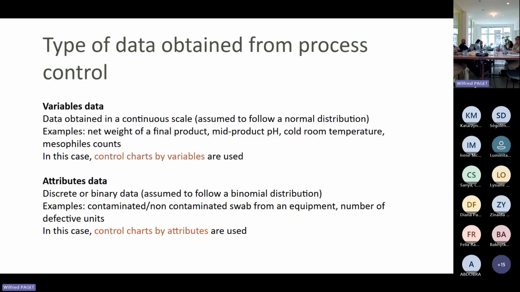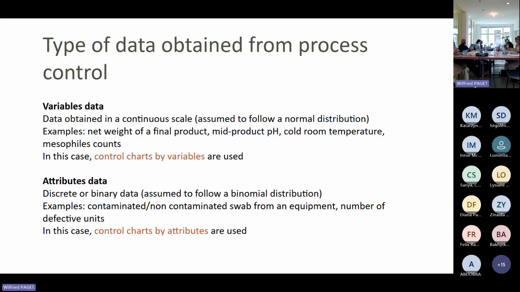So when we study statistics, we learn about the types of variables: there are continuous variables and there are categorical variables. When we talk about continuous variables in statistical process control, they define these as variables data. If you are talking about categorical data, they call these attributes data.